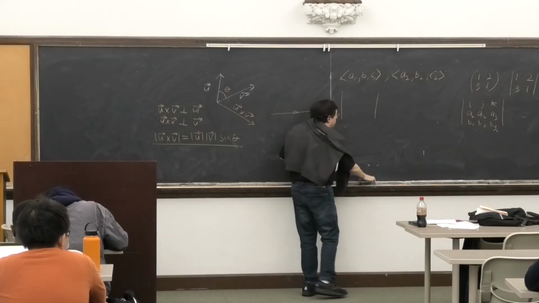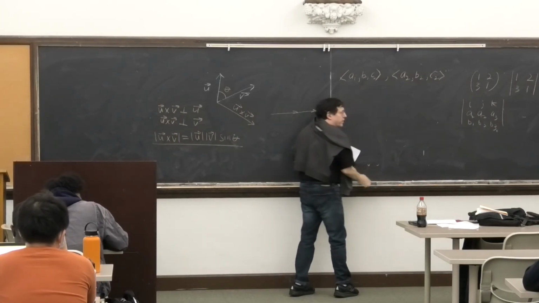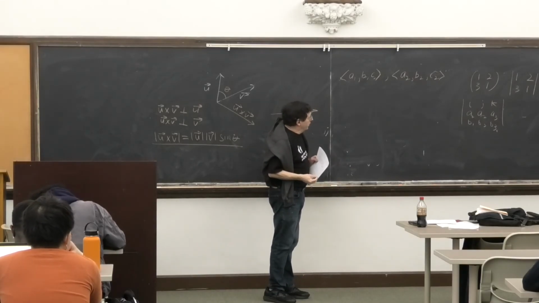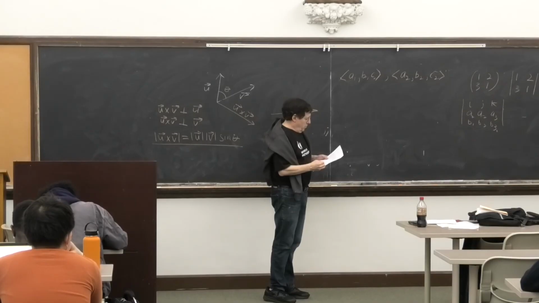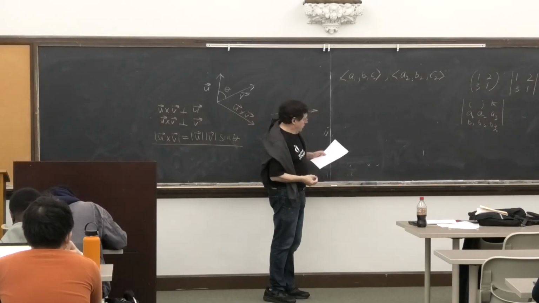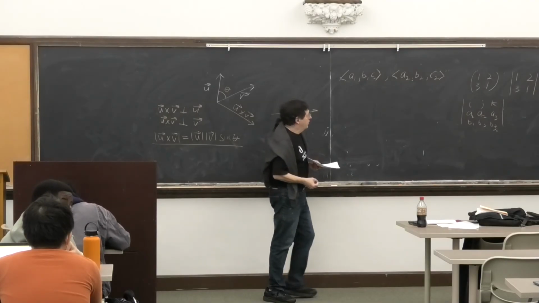It's somewhat trickier. There are two ways to calculate this, but the more straightforward way is what we call expanding minors.